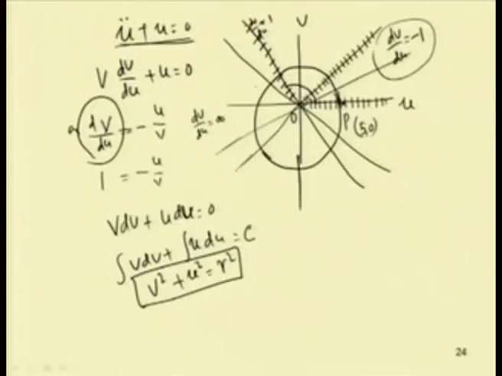After finding this phase portrait, one can find the time and then plot the response of the system. To find the time, let us take one quadrant of this phase portrait, that is v and u, and divide it into several steps.